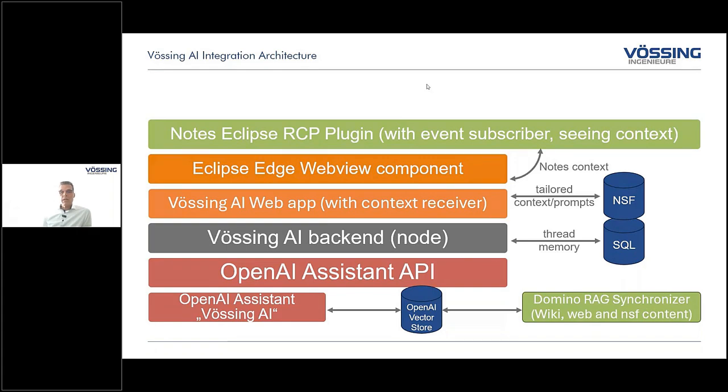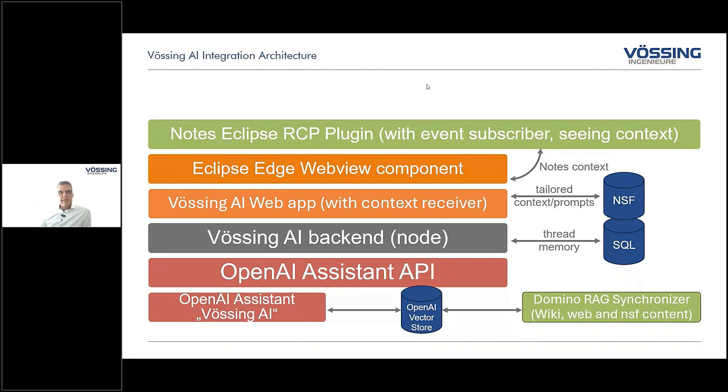We have to remember which user is connected to which thread. In the assistant world of OpenAI, the threads are stored over at OpenAI, but we have to make the link of a thread ID with the user ID. So we offer the user his prompt threads again in the Vössing AI web app.